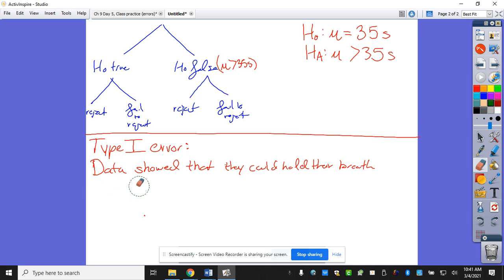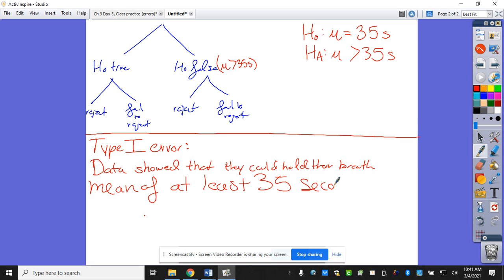I'll write this out better. So first question is, what did the data decide? Second question is what? Before that. What was actually true?